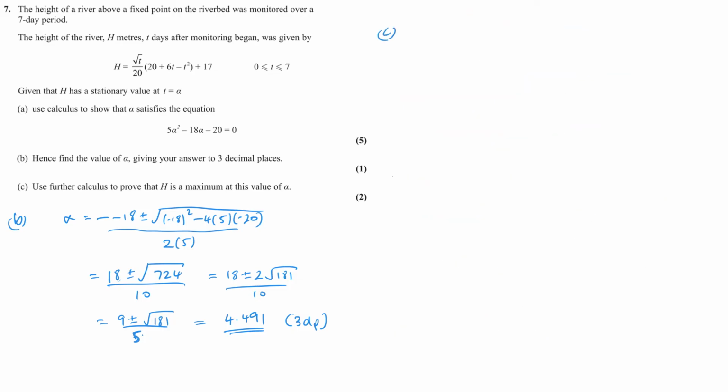Now part C says use further calculus to prove h is a maximum at this value. So all we need to do now is differentiate again. So d2h over dt squared, and there we have it.